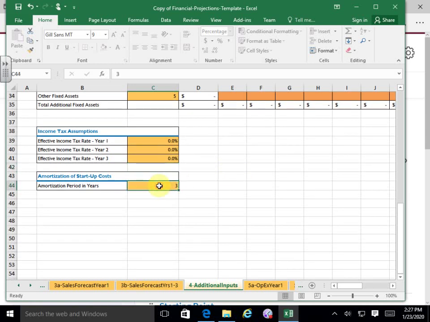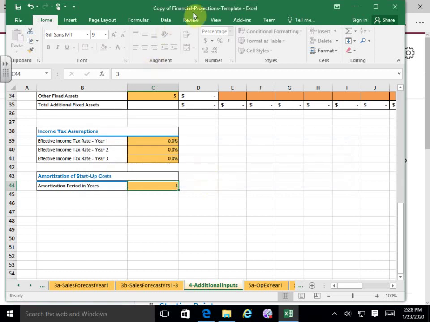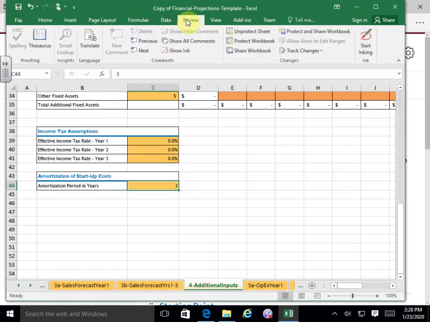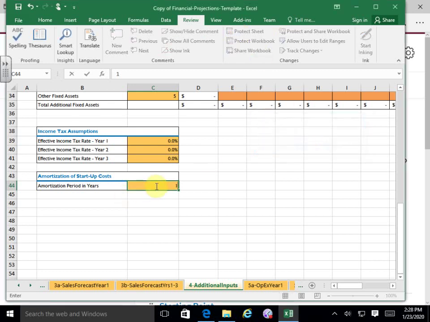While you have it open and on this page, amortization period in years, please change that to 1. Oh, those buggers! I've got to go up and unprotect the sheet, right? 1, 2, 3, 4. I don't know why that one's protected. This is just a bit of a hang up on my part: for virtually all of us, our startup costs, you can amortize those, and it's saying that you could amortize those over 3 years.